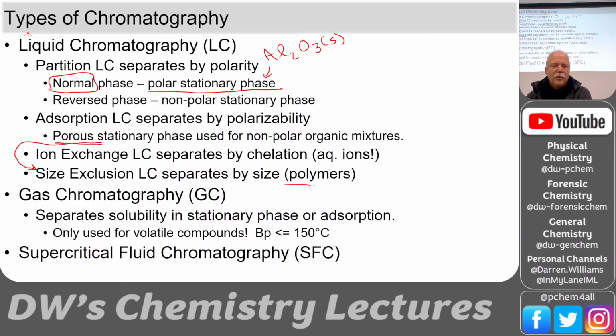We could separate polymers. We could take a polymer and put weak acid groups on it, like sulfonates. Let's look at this one. We'll make a polymer like this, here's our polymer, and we'll put SO3 groups on it.